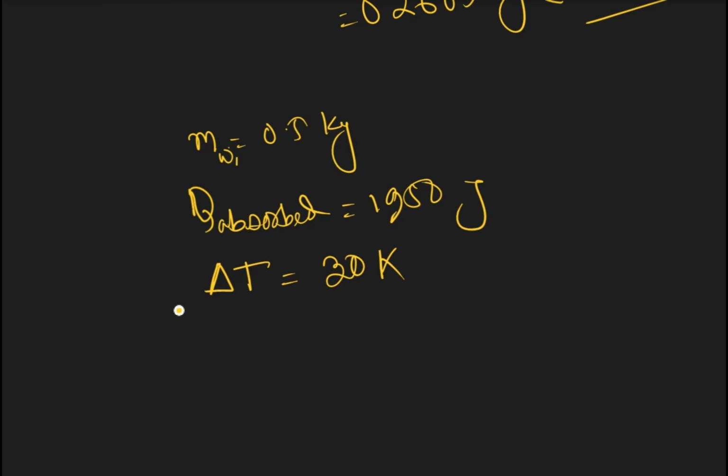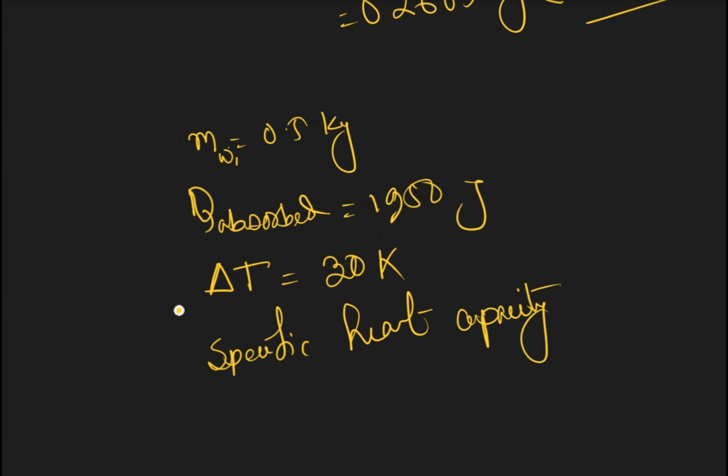So for the specific heat capacity, Q is equal to m c delta theta.